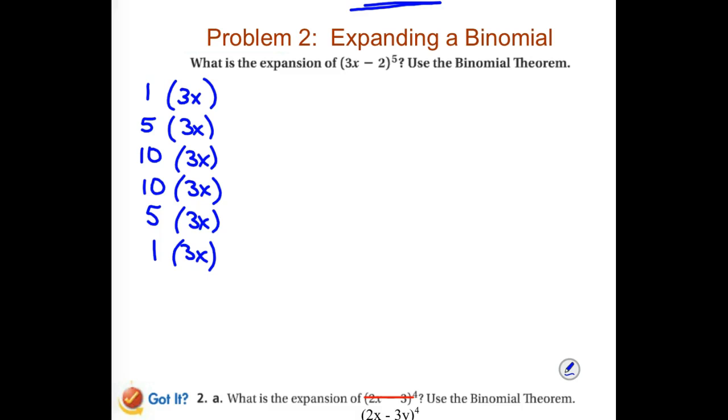Starts high and goes low. So what's the highest number? What are we raising our binomial to? A 5. So we're going to have 5, then 4, 3, 2, 1, 0. Okay. Our second term is what? It is a negative 2. All right, you got to tack that negative on with the 2. So we're going to need a negative 2 in each of these.